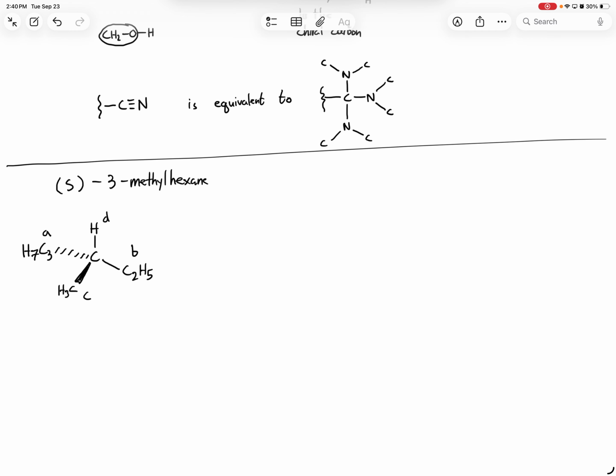So we have to rotate this molecule where the H is going to be in the back. Okay, so this looks like R. Okay, but the hydrogen is not in the back.